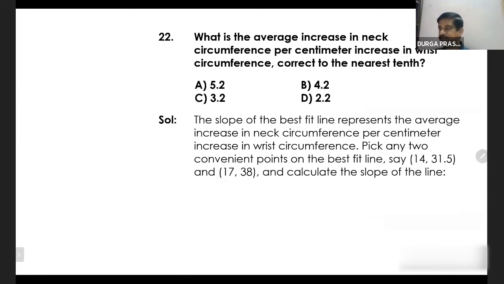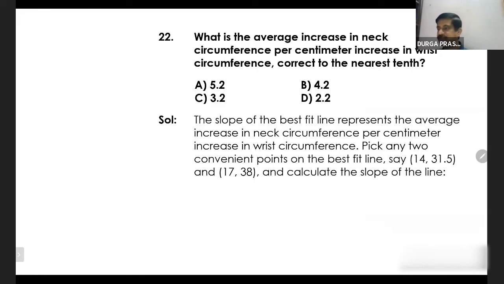The slope of the best fit line represents the average increase in neck circumference per centimeter increase in wrist circumference.